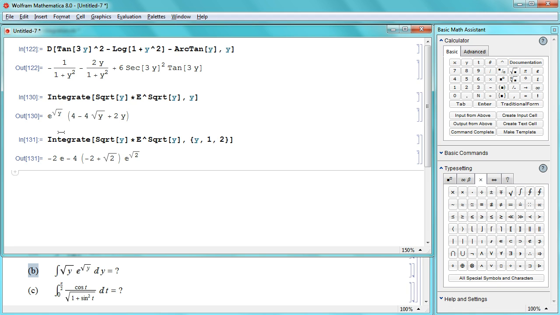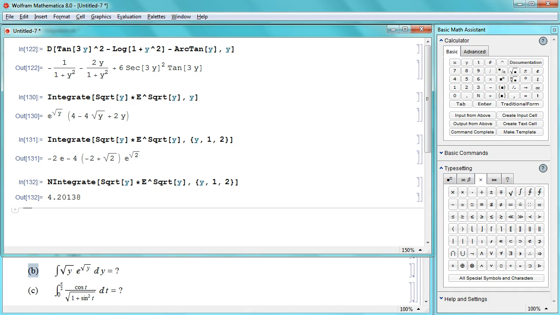But let's suppose that we want to find out the numerical value of it. In that case, what do we do? Basic syntax is NIntegrate, and then we have to integrate it from 1 to 2. So numerically integrate, and then we get 4.20138, and that is the approximate numerical value of the definite integral from 1 to 2.